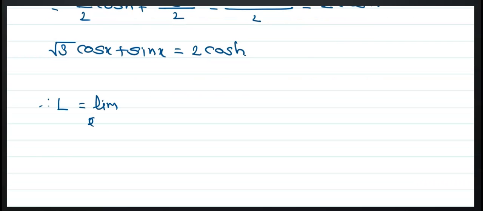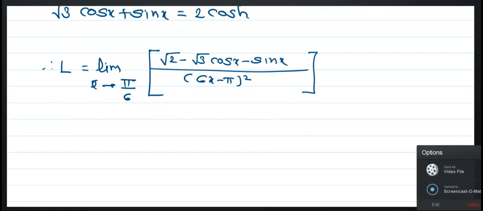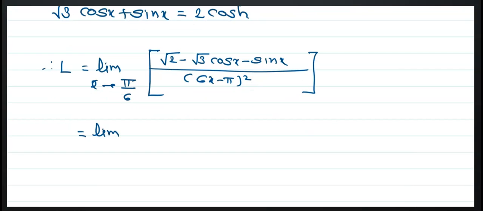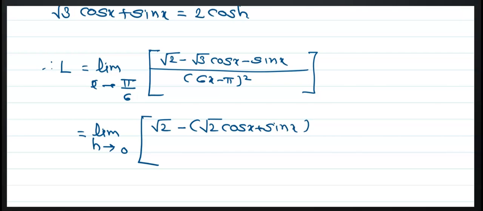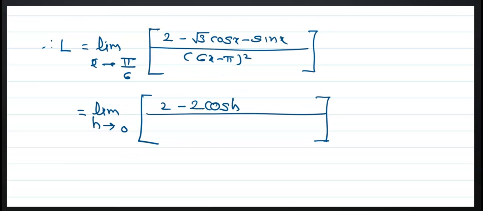Therefore the limit as x tends to pi by 6 of 2 minus root 3 cos x minus sin x upon 6x minus pi bracket square becomes, in terms of h, the limit h tends to 0 with 2 cos h.